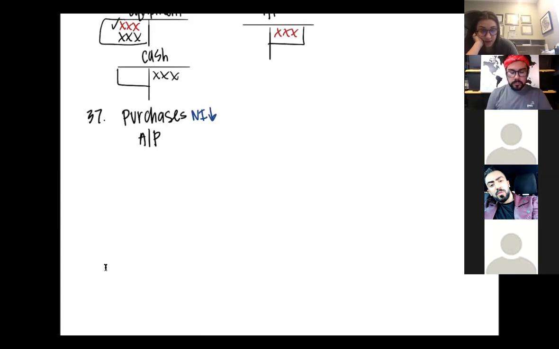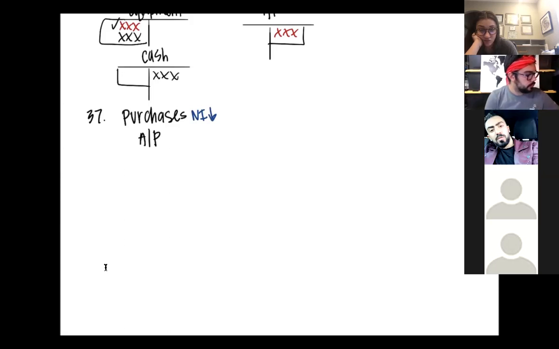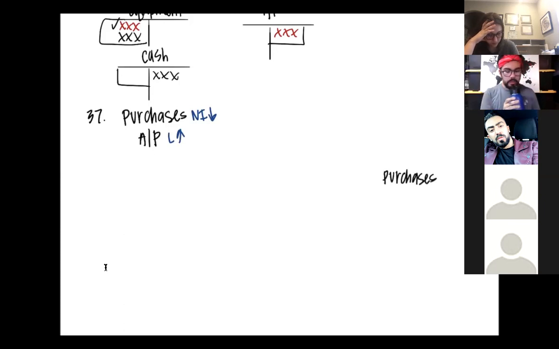And then what about accounts payable? What does it affect? Liabilities increase, yes. So let's do this. What's the answer?